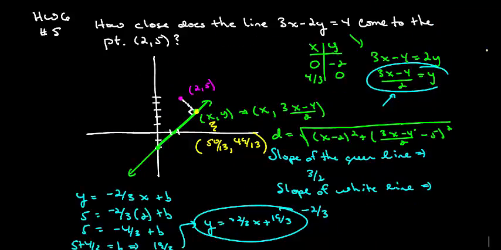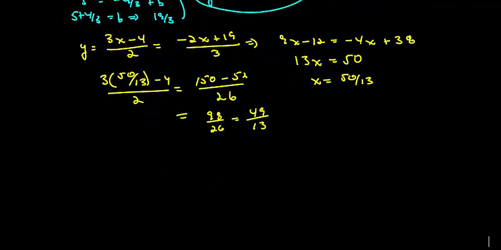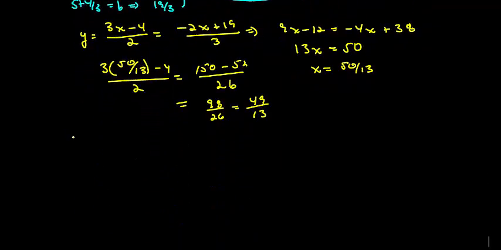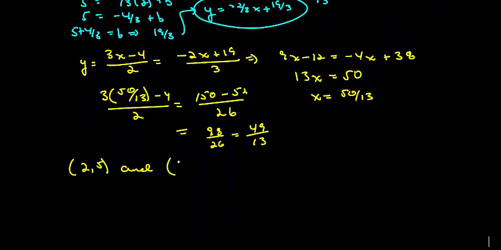But we want to know how close it comes. So we need to do the distance formula with 2 and 5. We've got one point at 2, 5, and another point at 50/13, 49/13.